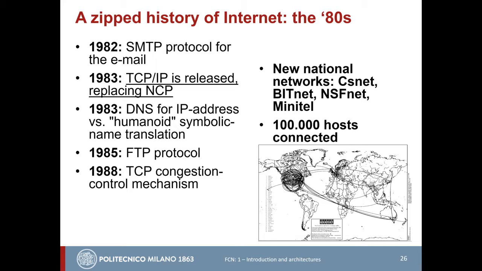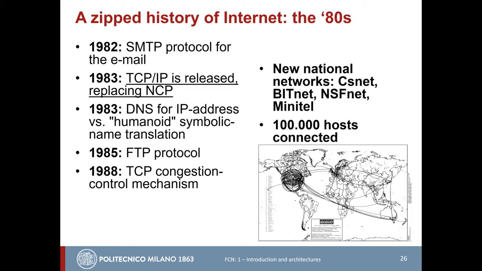As we will see, TCP makes the transfer of information on the internet reliable, which is a feature that the physical part of the network alone cannot guarantee.